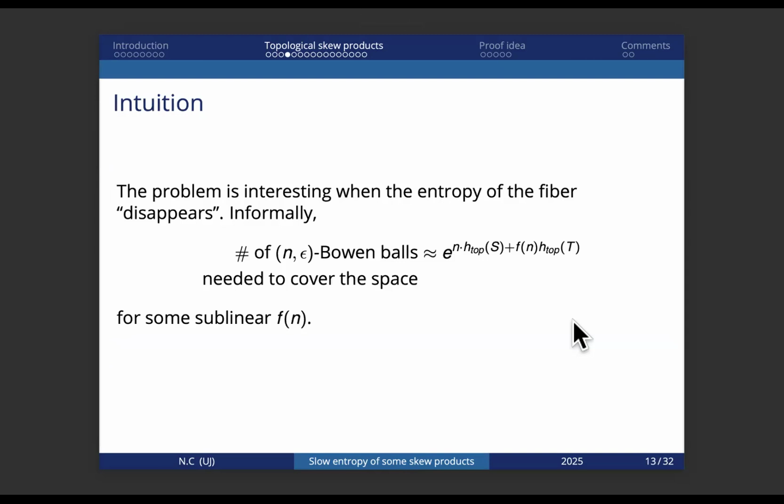So the intuition is as follows. This problem that we are considering is interesting when the entropy of the fiber disappears, in the sense that the fiber does not contribute to the entropy of the whole system.